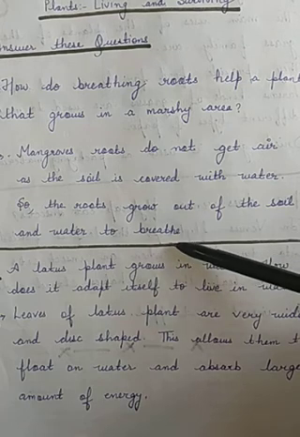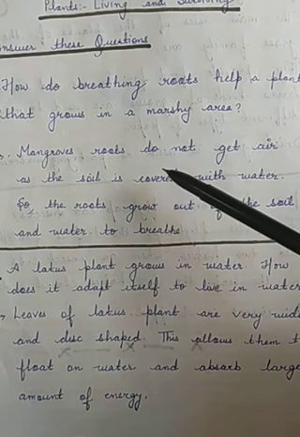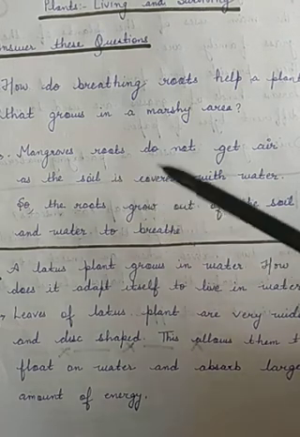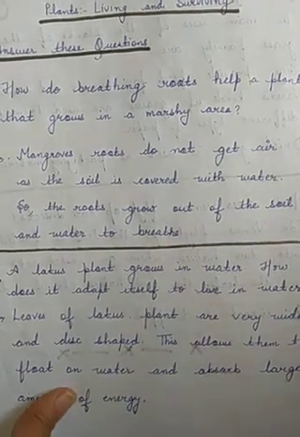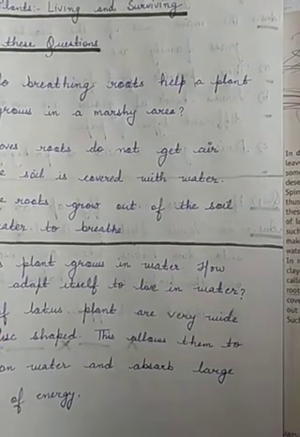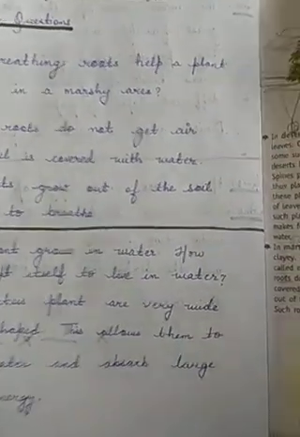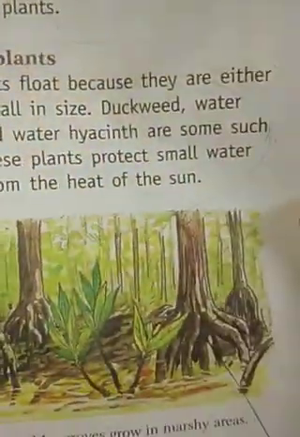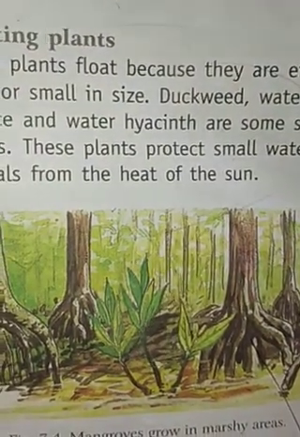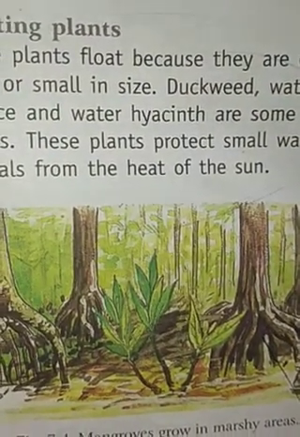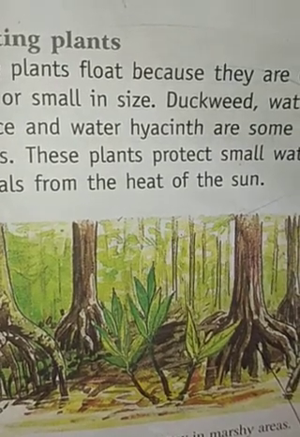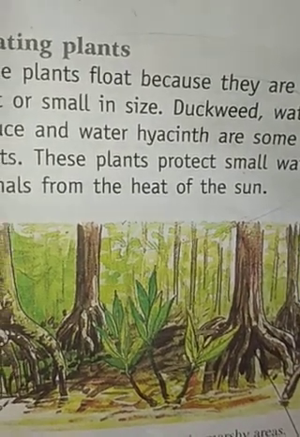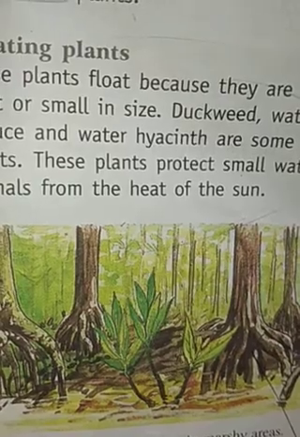In this way the breathing roots help a plant that grows in a marshy area to breathe properly. There are also pictures on page number 59 of your book. This is the picture of mangroves in a marshy area, showing how they grow up from the water and soil, and help the plants to breathe.